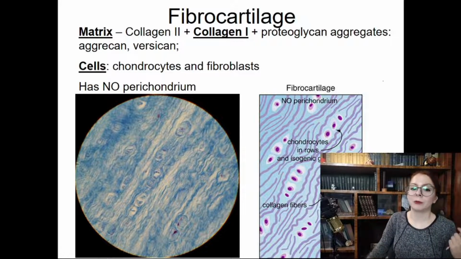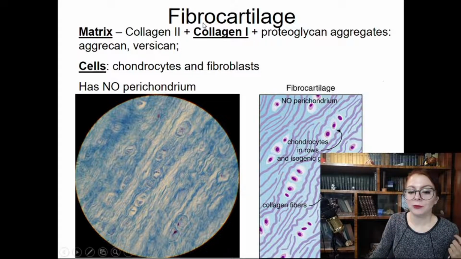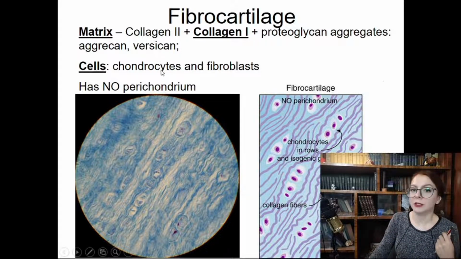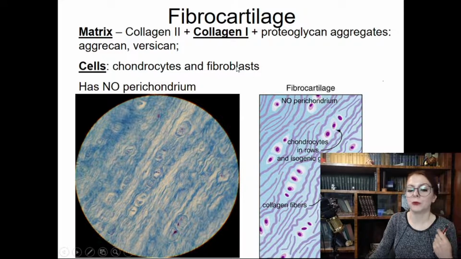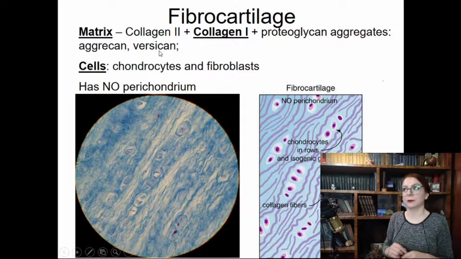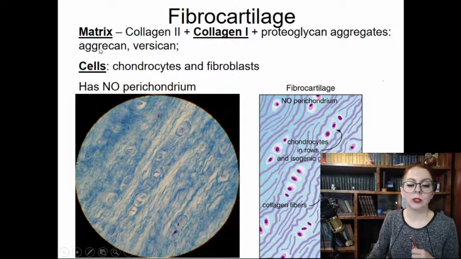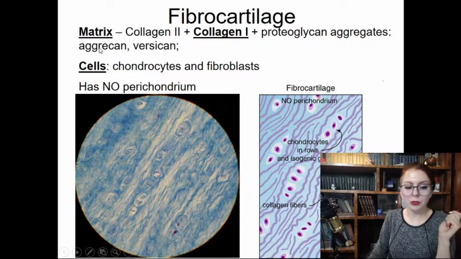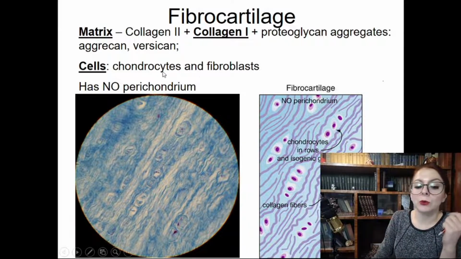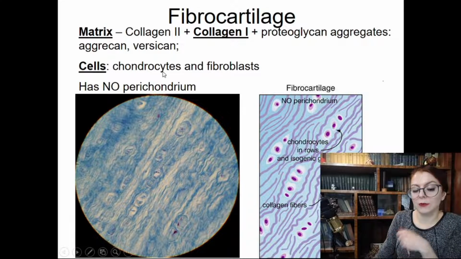It's very easy to remember that fibrocartilage has not only chondrocytes, but also fibroblasts. Fibroblasts produce versican, while chondrocytes produce aggrecan. Notice that there are no chondroblasts, and there is no perichondrium.